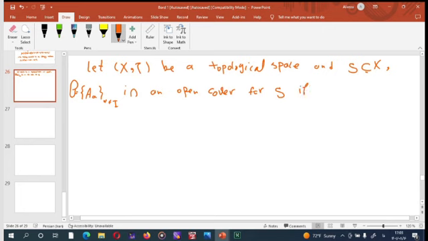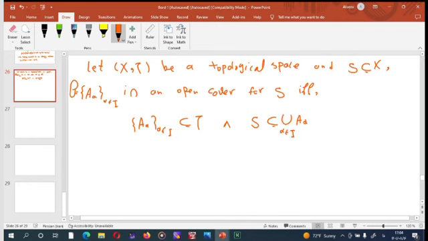if and only if, first, this family must be in our topology, all of these must be open, and S is a subset of the union of this family.